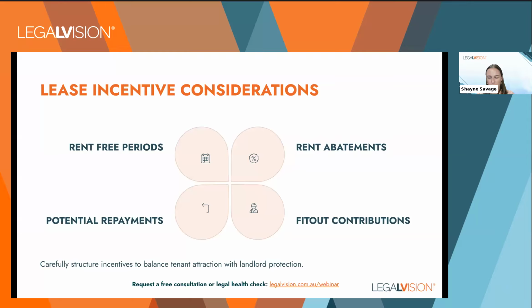Also with fit-out contributions, something to keep in consideration when you are discussing the amount being given to a tenant: you may want to say that there are stages of that incentive being paid.